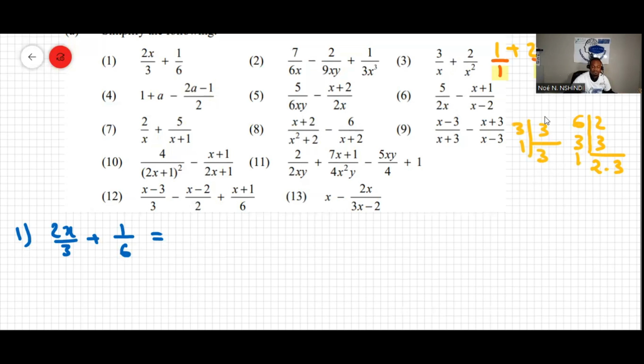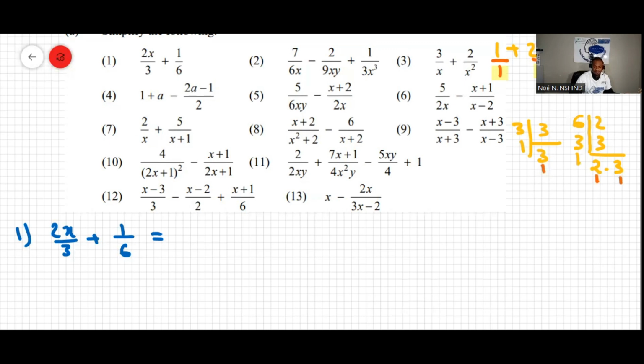I divide 3 by a prime number, which is 3 there. 6 also, I divide by prime numbers from the smallest to the largest. 2 is a prime number, I divide 6 by 2, and the answer is 3. Now I divide 3 by 3, and that's 1. Then I label my prime factors. This is the first 3 in this group, this is the first 2 here, and this is the first 3 there.